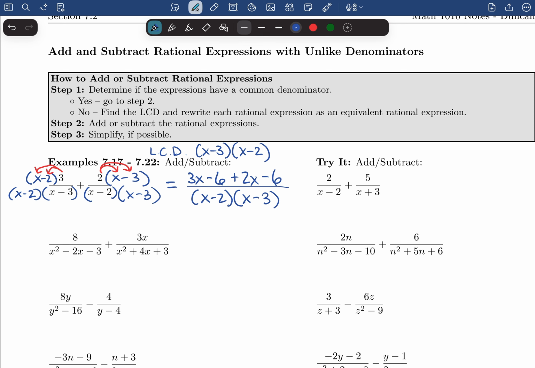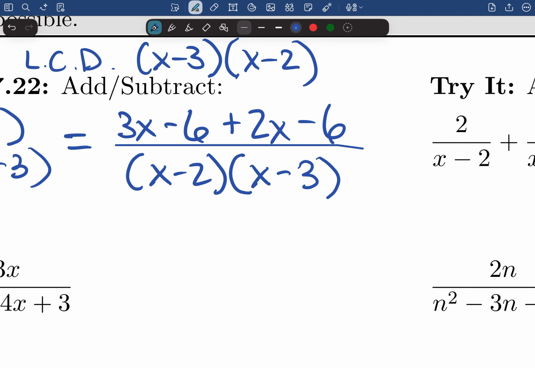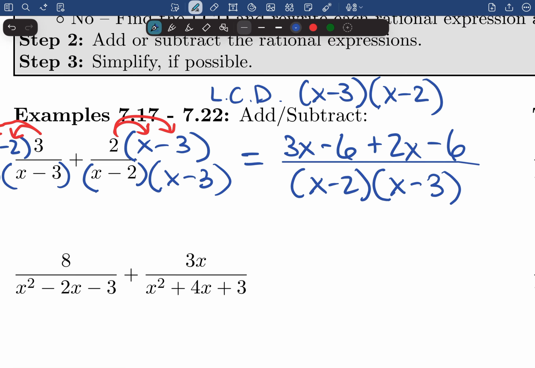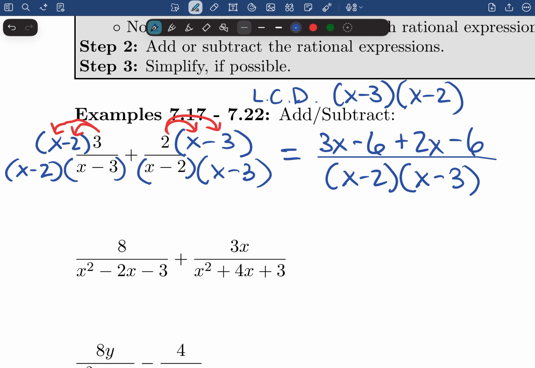Now that we're at this point, it's time to combine any like terms, if there are any. There's a 3x plus a 2x, and that gives me a 5x.